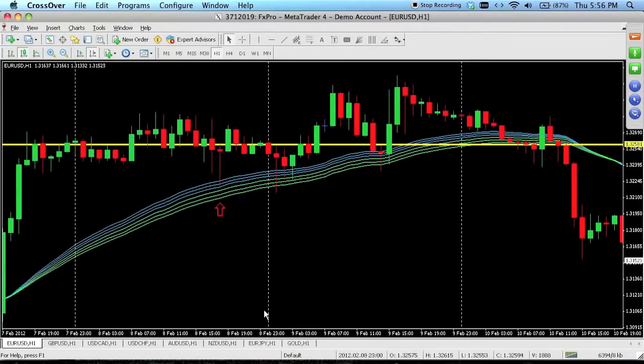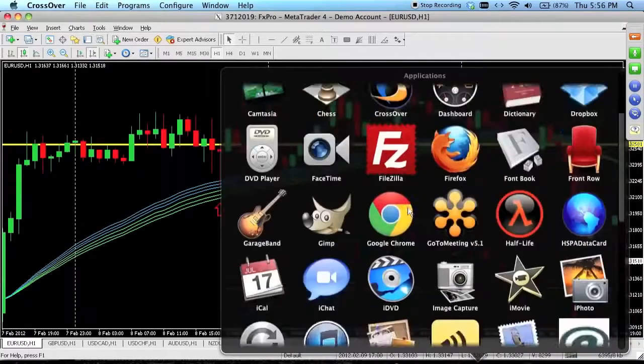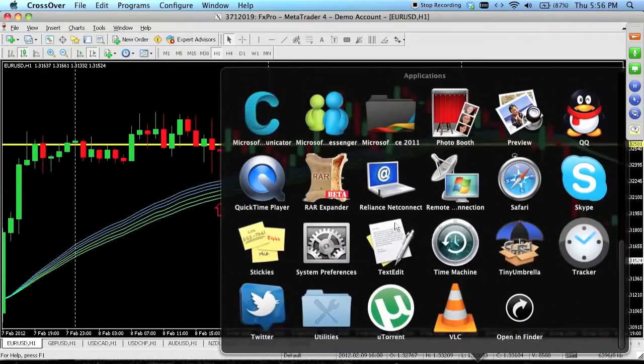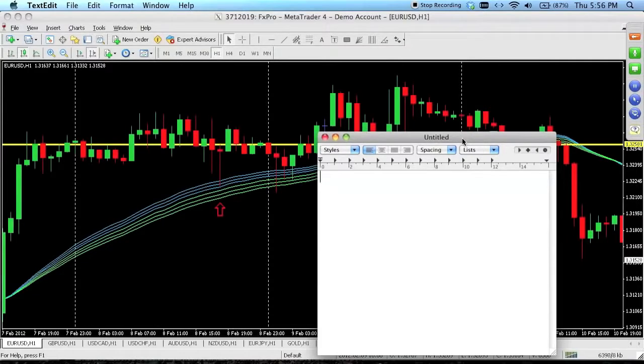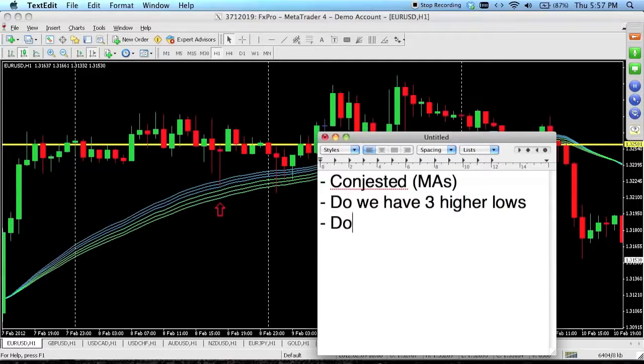Okay, let's write this down. There are three criteria we need to look at, and only three criteria. Let me increase my font size. One, we need to check: is it congested, the MAs. Next, do we have three highs, three higher lows, or three lower highs?